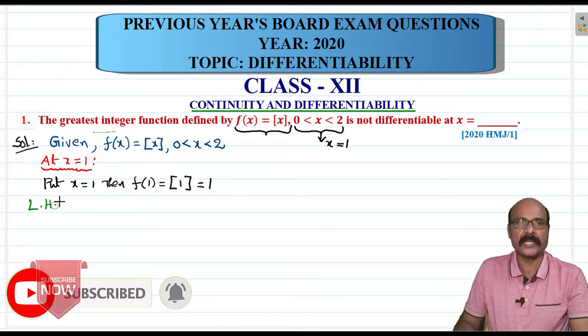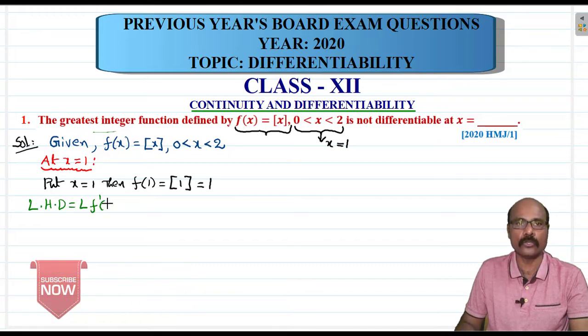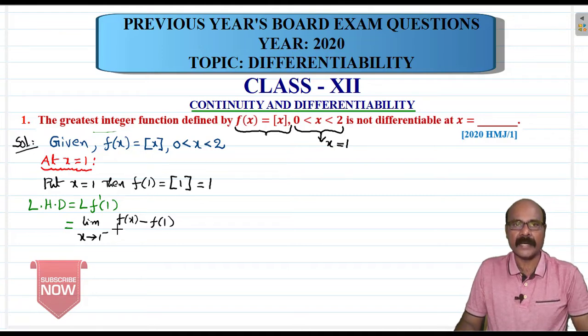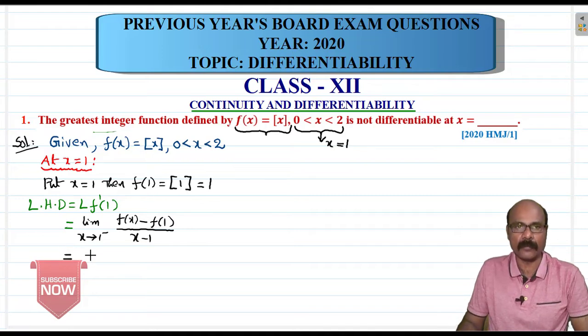Left hand differentiation at x is equal to 1 we are going to find here. So according to the definition, limit x tends to 1 minus [f of x minus f of 1] by [x minus 1]. This is the left hand derivative formula.